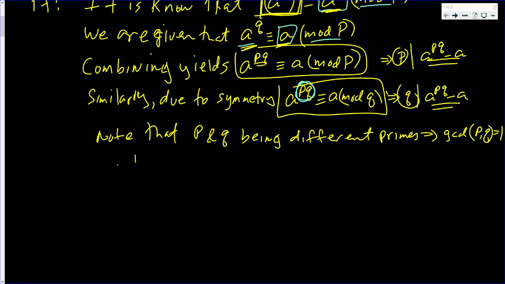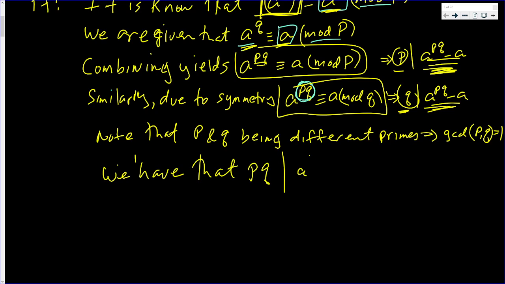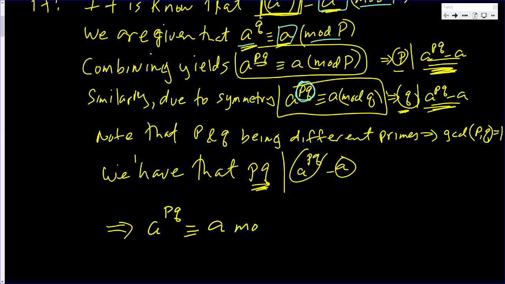Since p divides this and q divides this, we have that pq divides a to the pq minus a. But this implies that a to the pq is congruent to a mod pq.